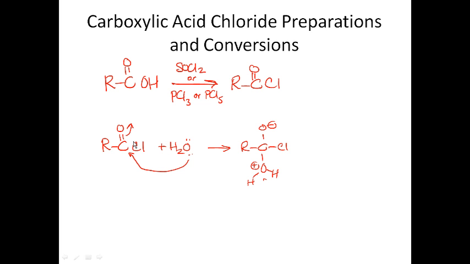No. Chloride is pulling electron density out of this carbon, and oxygen's pulling electron density out of that carbon. That carbon is delta plus enough to have a neutral nucleophile like water add to it. And it's not just water, it's alcohol and amine as well.